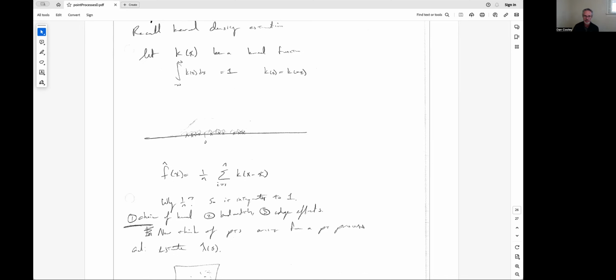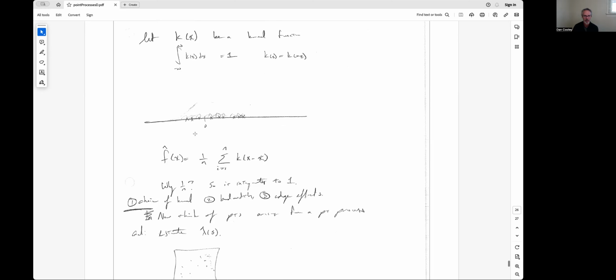We get an estimate of the density in between the observed data. Our estimate of the overall density is just the sum of the kernels normalized by the number of points.